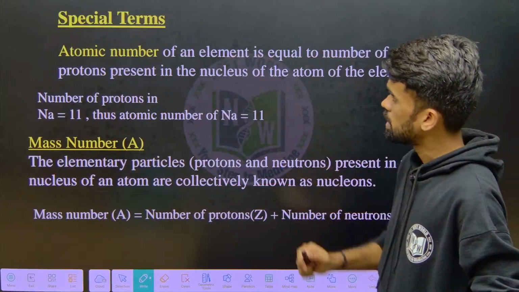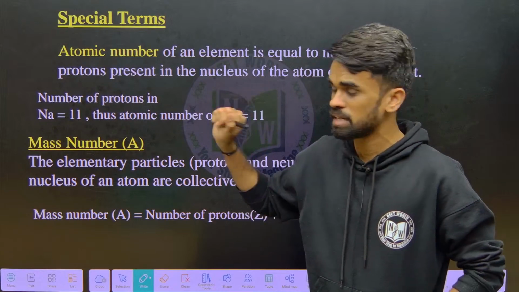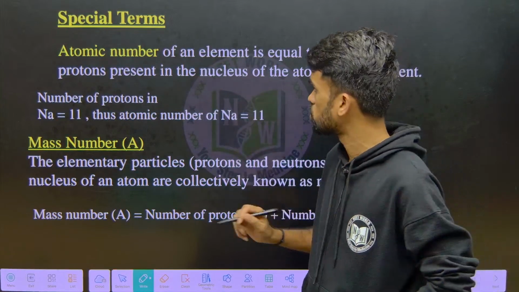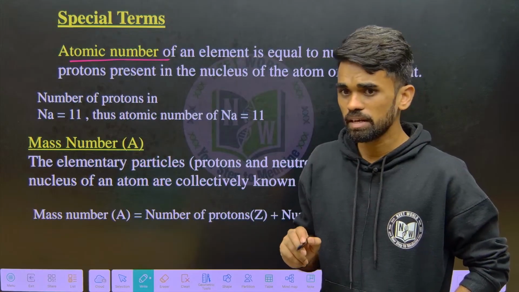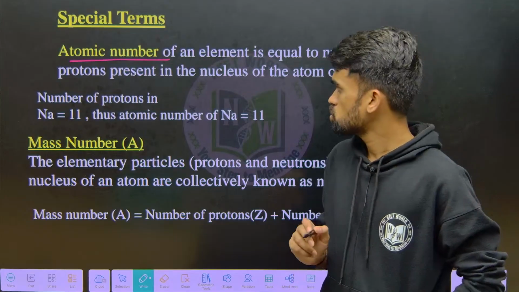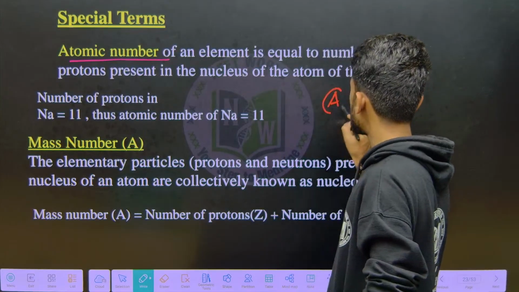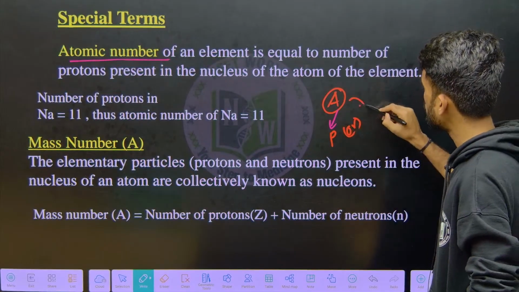Next, there are some other special terms we use in atomic structure that we need to know. What is atomic number? It is given by the number of protons in an atom. For an atom, atomic number equals the number of protons, or also the number of electrons.